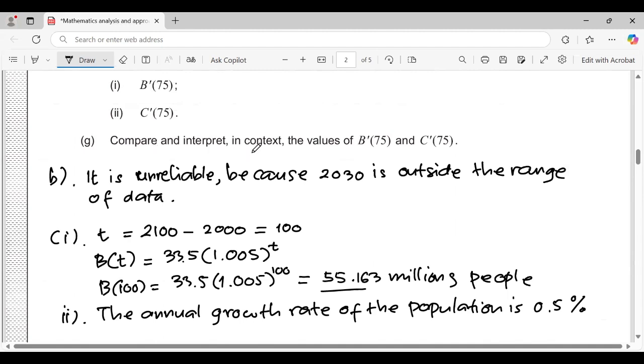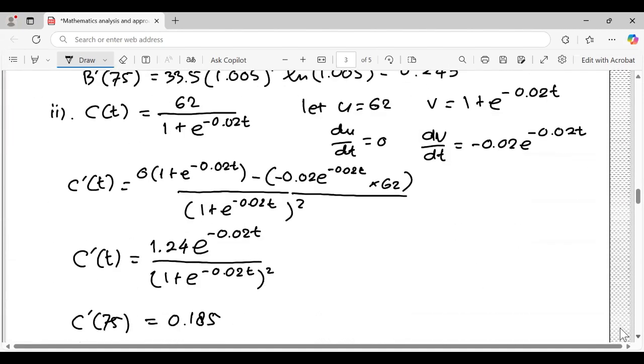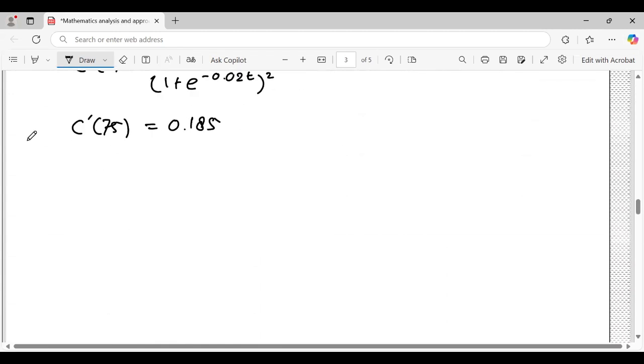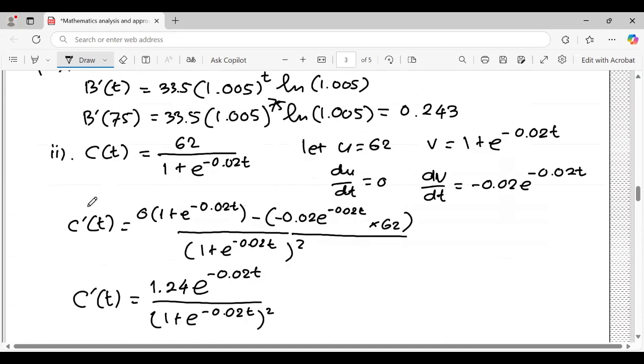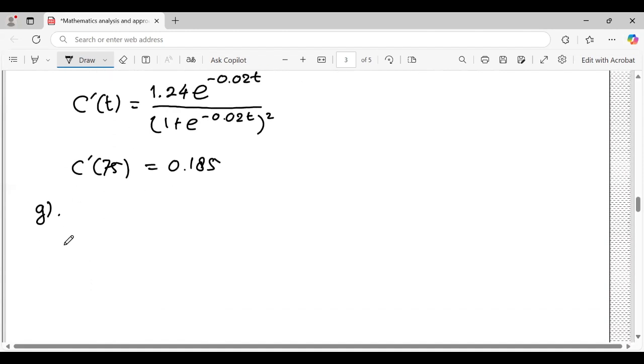Compare and interpret in context the values of B'(75) and C'(75). If you compare, C'(75) is 0.185, while B'(75) is 0.243. So B'(75) is greater than C'(75).